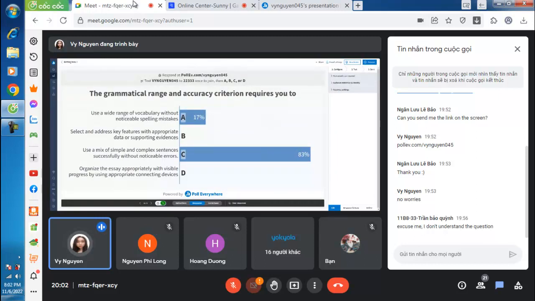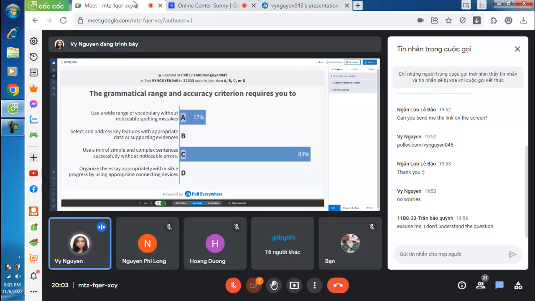So if you can use a lot of complex sentences without any errors, then your score for grammar will be very high. But usually grammatical range and accuracy, as well as coherence and cohesion, would usually be the ones that you find the hardest to get a high score for, right?